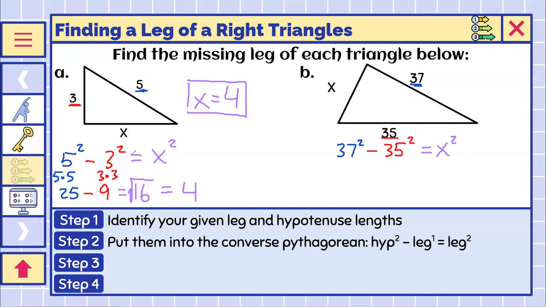This time I'm definitely going to use a calculator though, because I definitely cannot do 37 times 37 quickly in my head. In the calculator, 37 times 37 is 1,369. We're also going to use a calculator for 35 because I also cannot quickly do 35 times itself in my head. So 35 times 35 is 1,225.